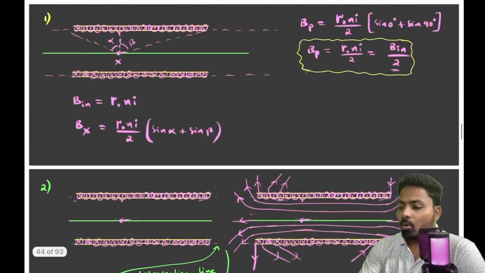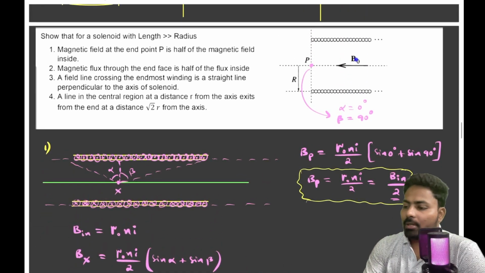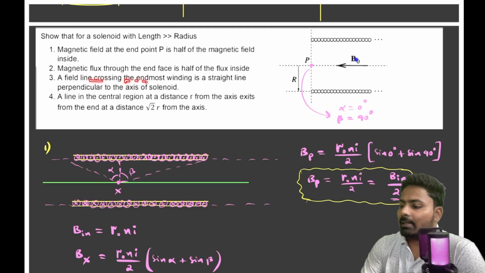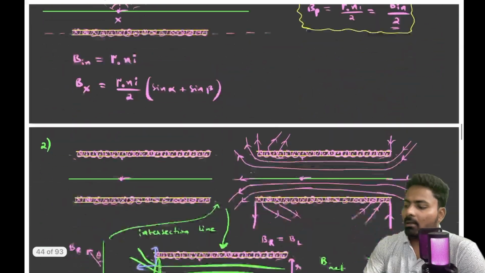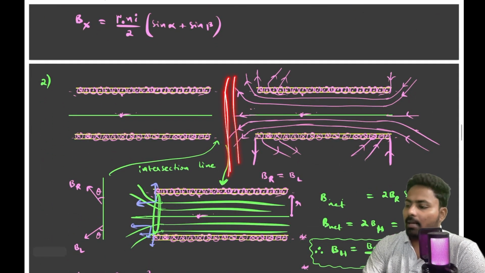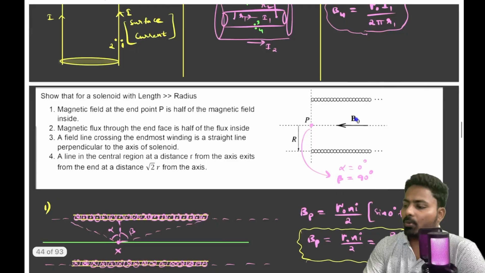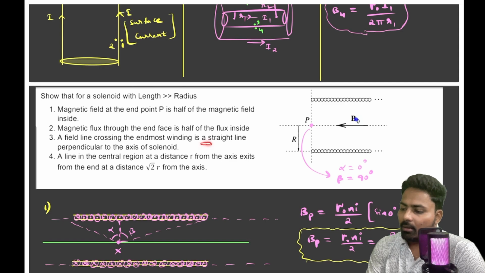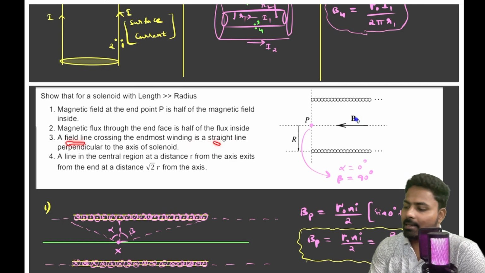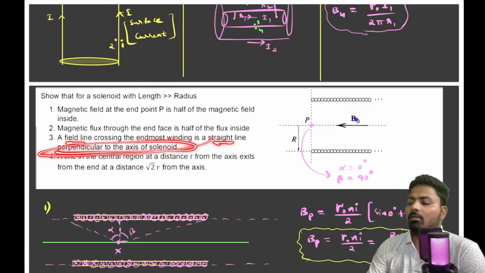Okay, so now let us go to point number 3. Here, the field line crossing the endmost winding, whatever the intersection line that is there at this end, they are asking us to prove that the field is a straight line perpendicular to the axis of the solenoid.